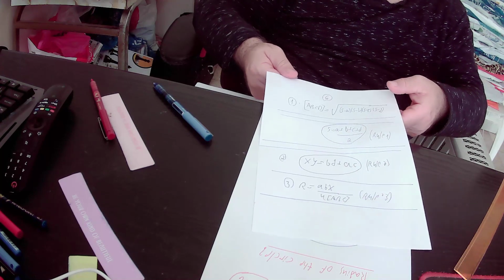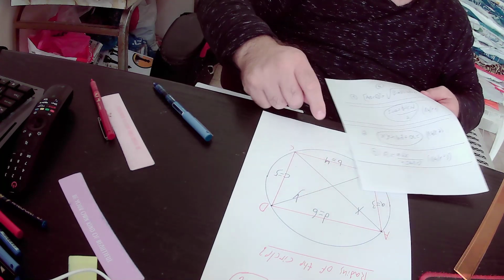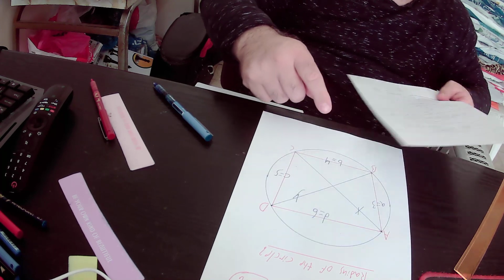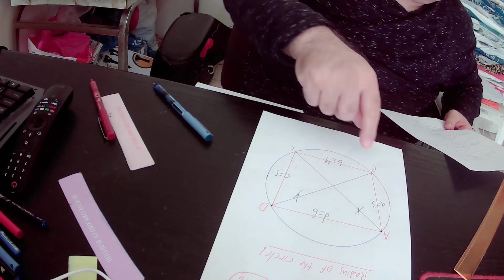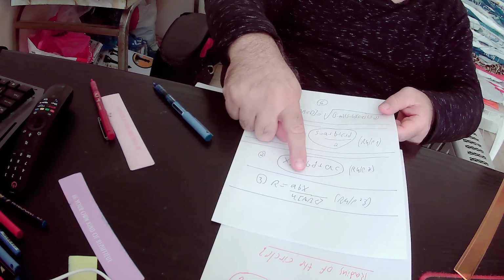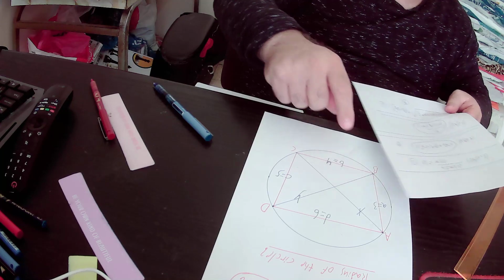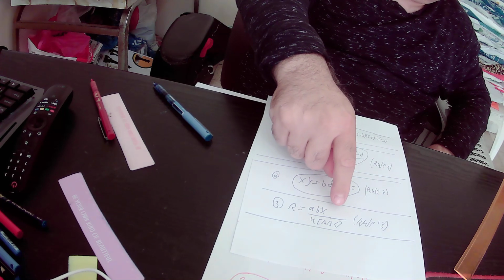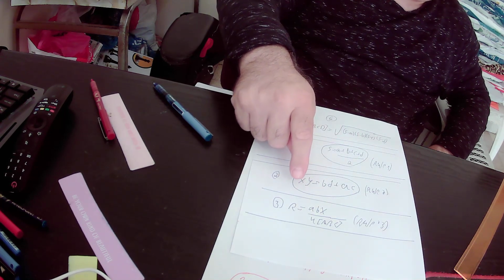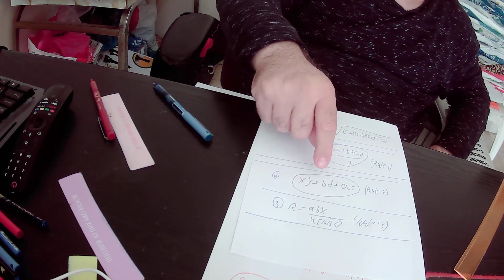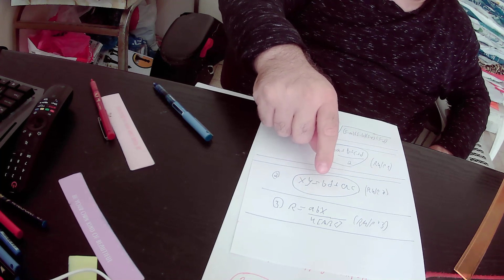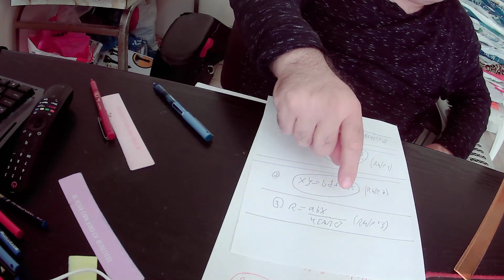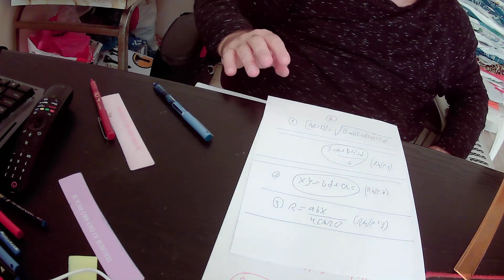Therefore, the radius of this blue circle will be equal to the product of triangle ABC sides, A times B times X, over 4 times the area of triangle ABC. Okay? That is according to rule number 3.